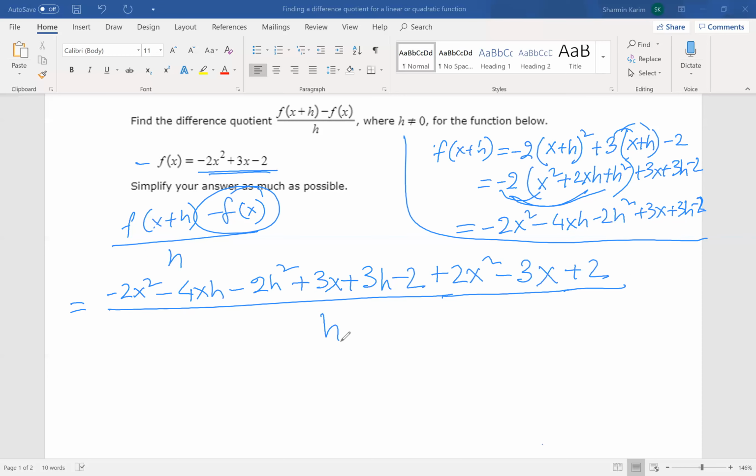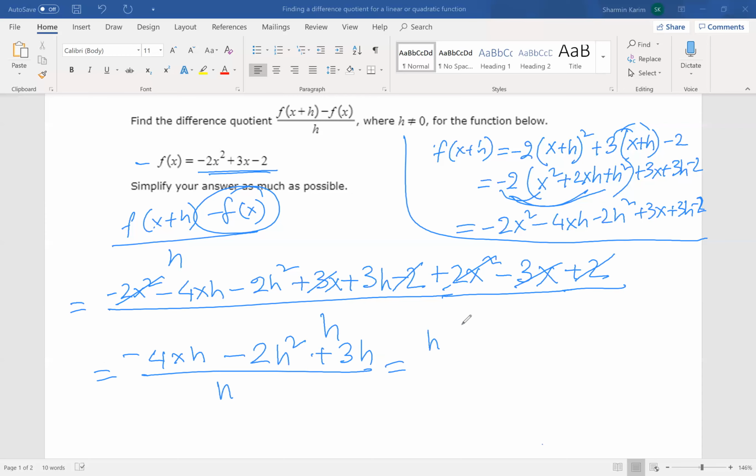So now negative 2x squared cancels with positive 2x squared. Negative 3x cancels with positive 3x. Negative 2 cancels with positive 2. So what is left is negative 4xh minus 2h squared plus 3h over h. Now you can factor out one h from this numerator.